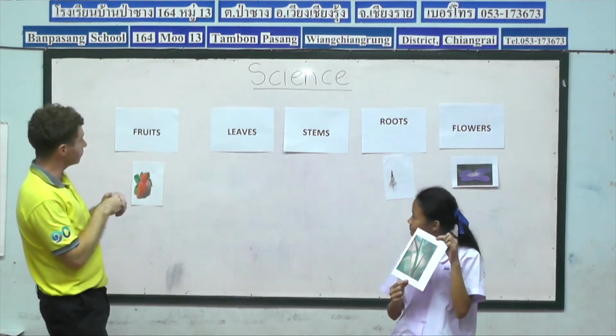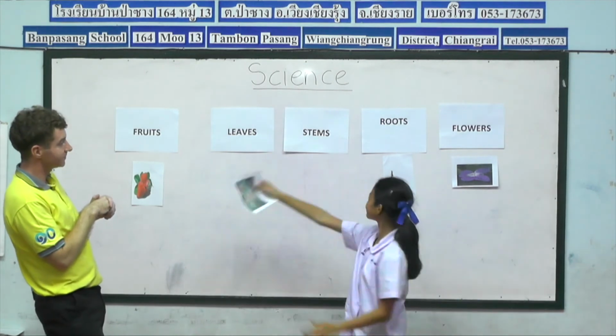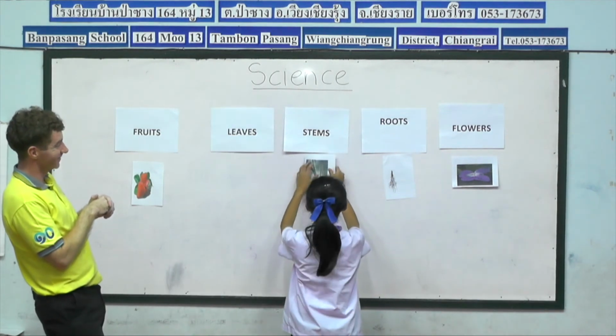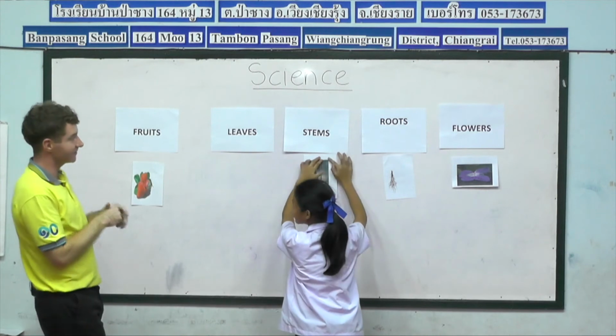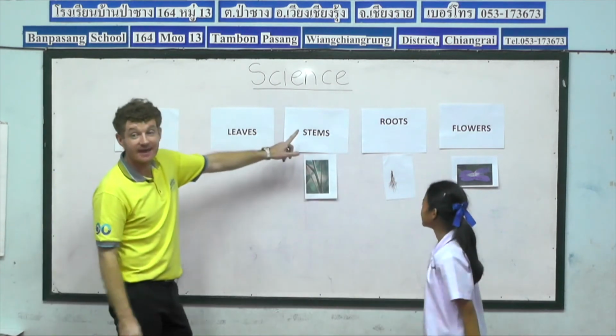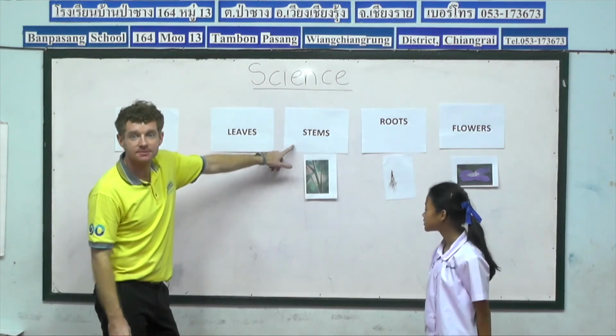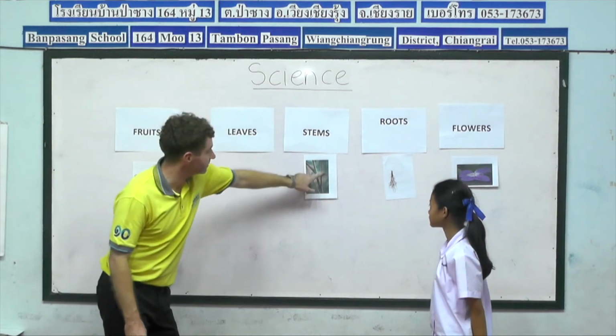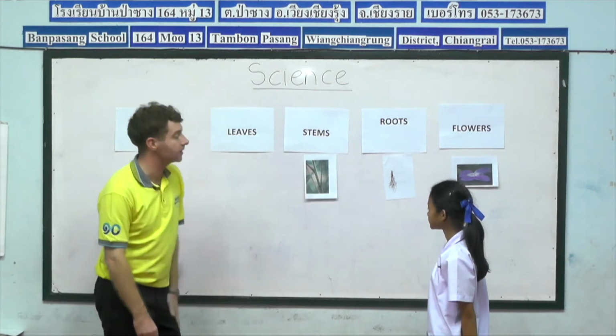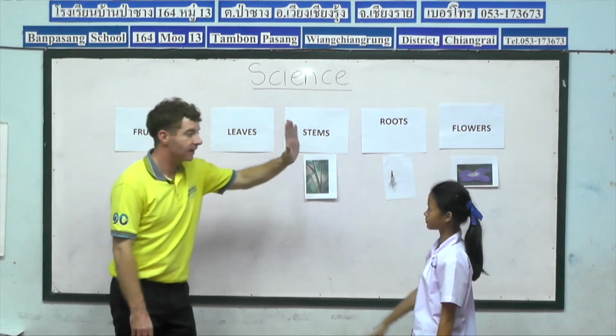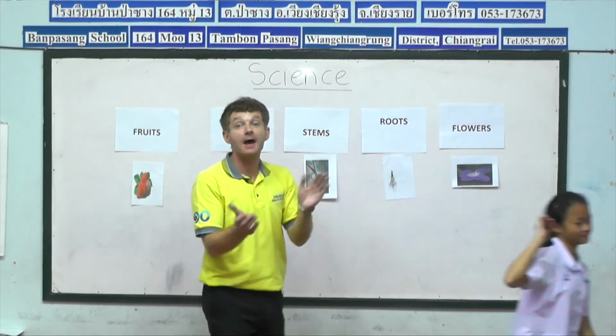So, Down, what do you think? Which category? Excellent. That's fine. Yeah, that's great. And we can all say together, guys, stems. Yes, you can see the different stems of the plant here. Down. Very good. High five. Big round of applause for Down.